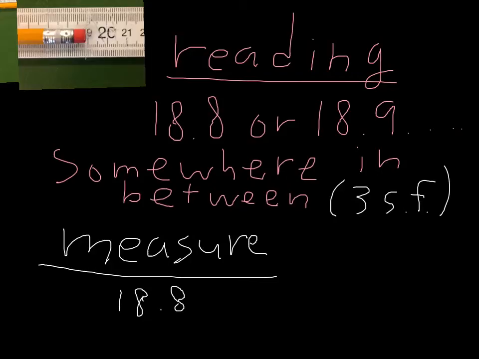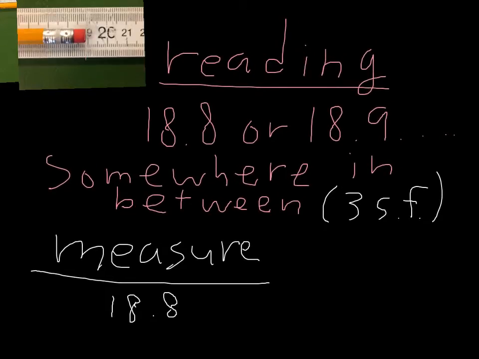Now, just based on what my eyes are telling me, it looks like the end of that pencil is closer to being 18.9 than 18.8. By my estimate, it's about 8/10 of the way towards 18.9. So I'm going to put an extra 8 at the end of my measurement.